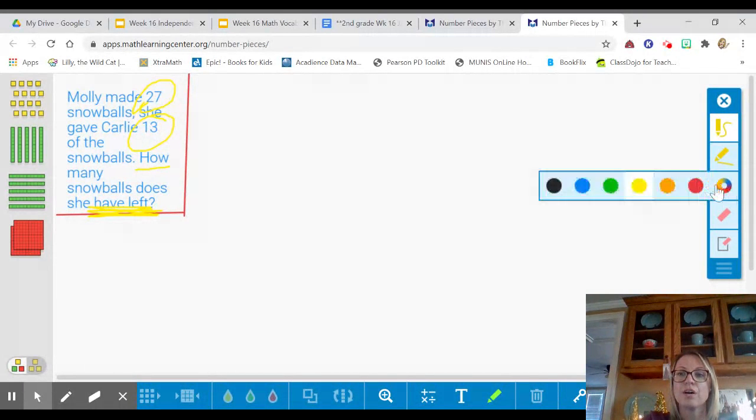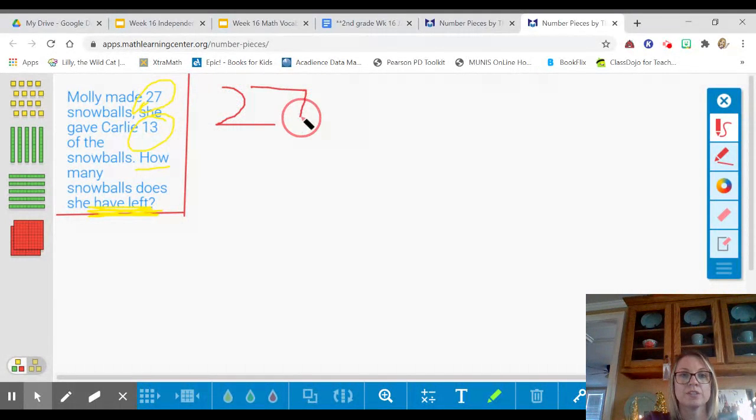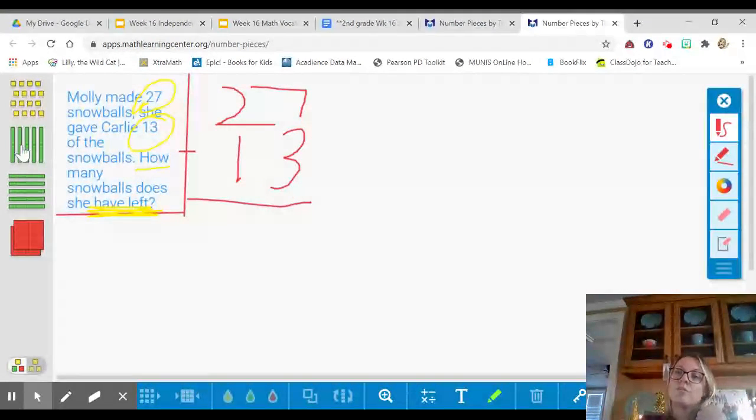First thing I'm going to do, always, is set up my problem. Bigger number on top, 27 and 13. 27's bigger, so it's going to go on top, minus 13. To solve this problem, boys and girls, I'm going to use the base 10 method.